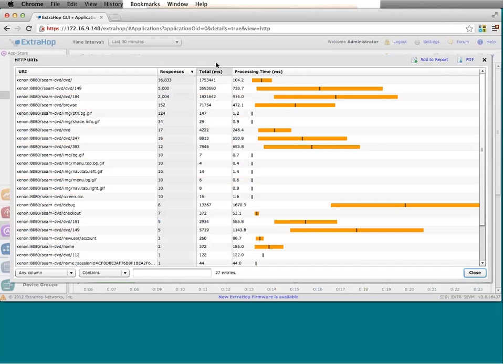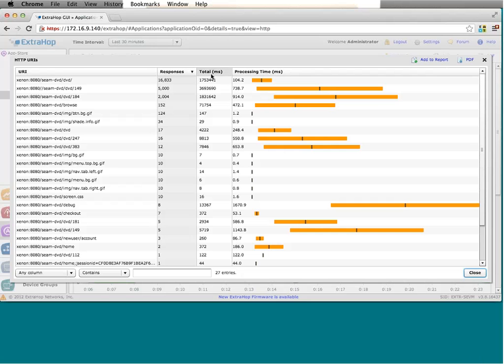So we can look at every single URI, every web transaction, and understand which ones are popular. We can understand which ones are fast or slow. So this processing time is the mean transaction time. The black tick that you see is the mean, and the orange bar is a standard deviation for understanding how consistently these transactions are returning in a particular time.